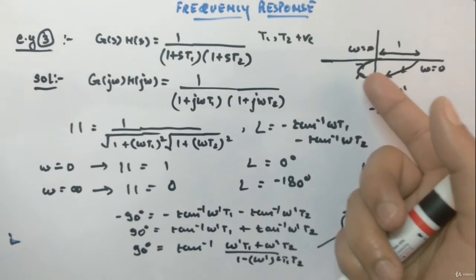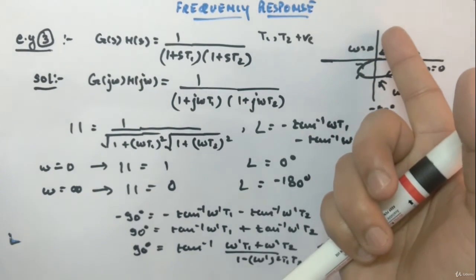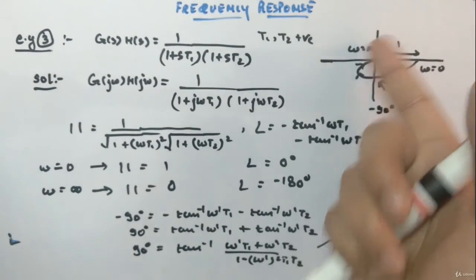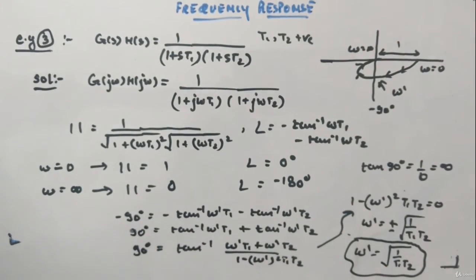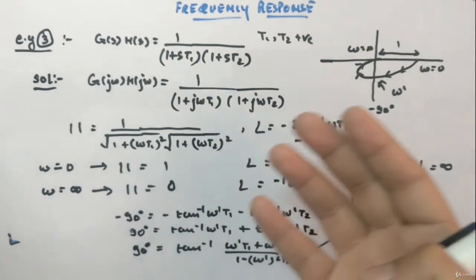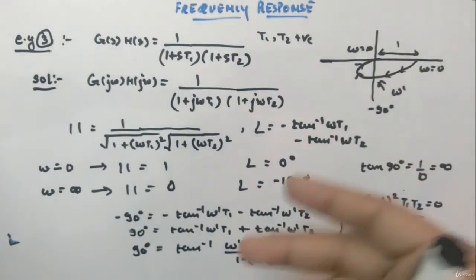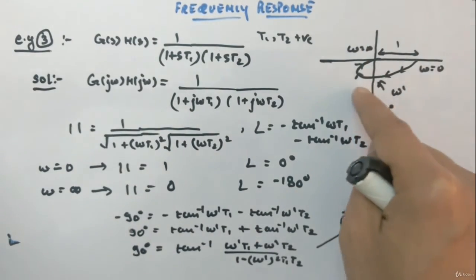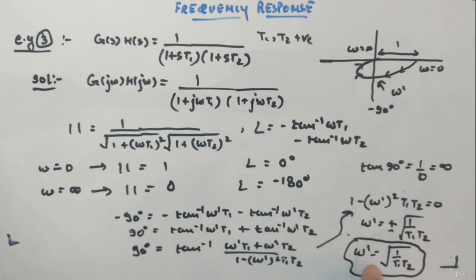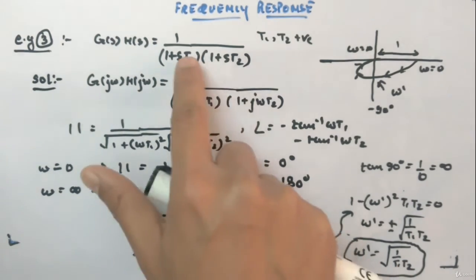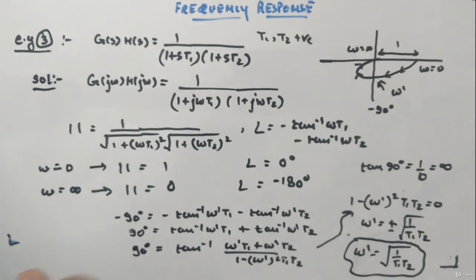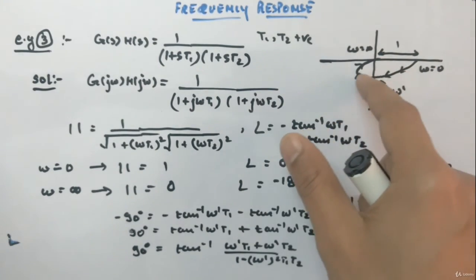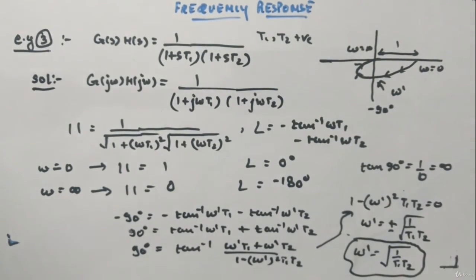Similarly, you can check whether it will cut minus 270 degree or plus 90 degree by putting that value of angle here. Again it will come out to be undefined. So it will only cut the minus 90 degree axis at omega equal to under root 1 by T1 T2. So the curve will look like this.